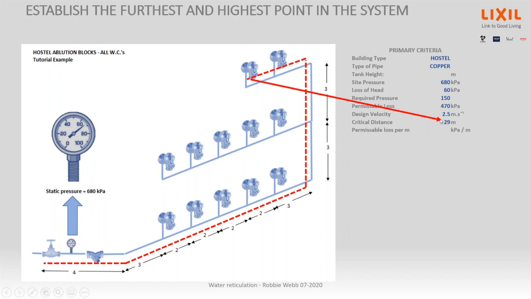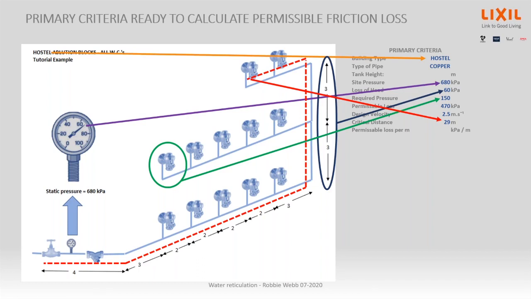Okay, and now we've got all those parameters in there. And to get our permissible loss per meter, okay, how many kPa? We start off with 680. We definitely need 210 because we've got to accommodate that loss of head, and we need 150 at the valve. So we can afford to lose 470 kPa of dynamic pressure.